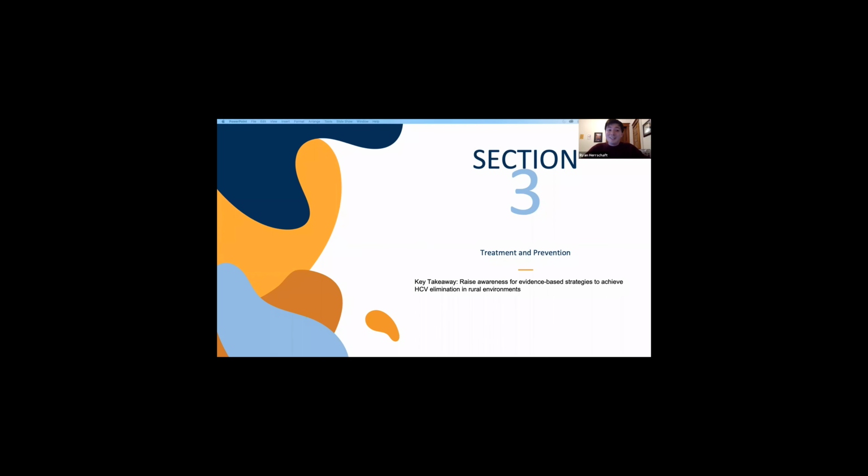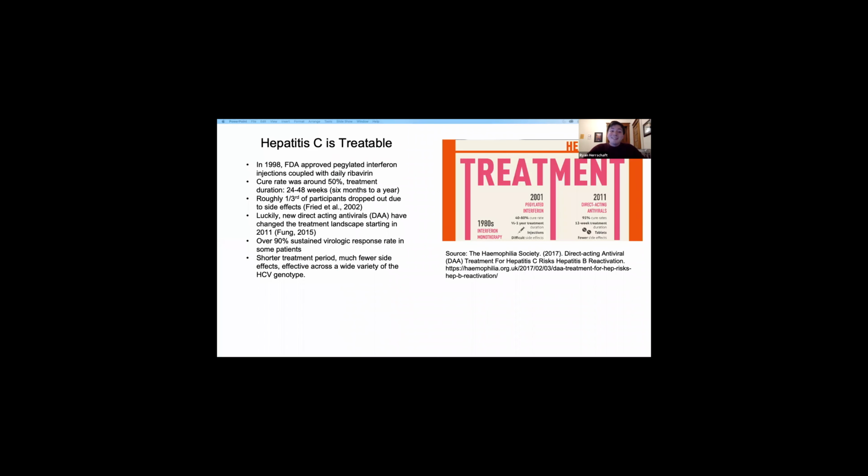So now transitioning to talk a little bit more about treatment and prevention, though I touched upon prevention in the last slide. Hepatitis C is treatable. It's been treatable for a while. In 1998, the FDA approved pegylated interferon injections coupled with daily ribavirin.